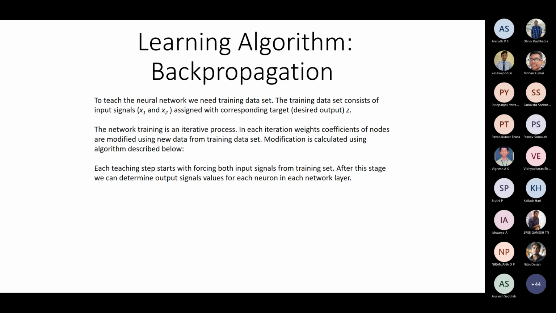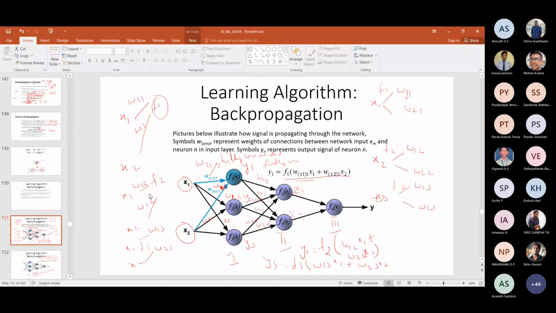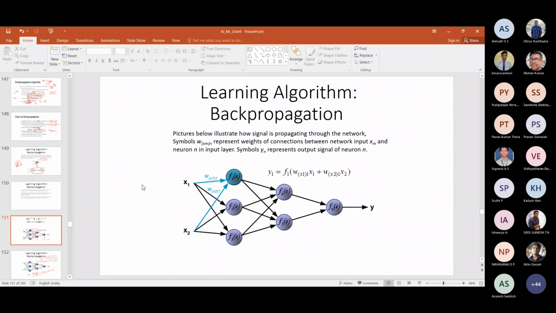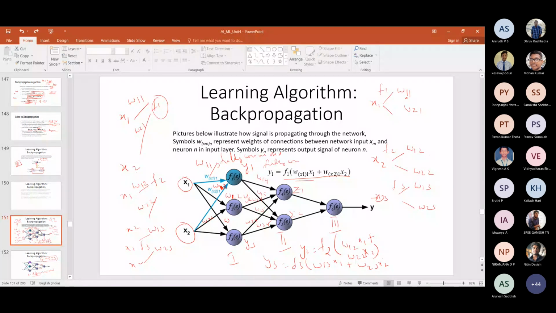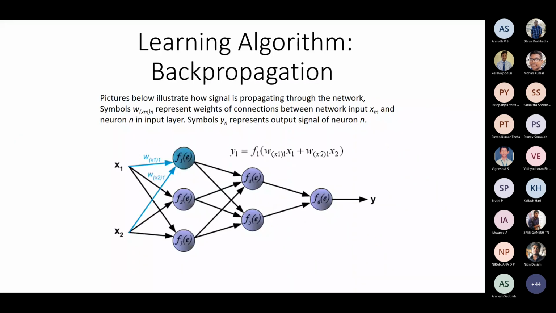Here x1 and x2 are the input units, input signals, and each is assigned the corresponding target Z. For example, say Wij is there, corresponding to W11 and W21.